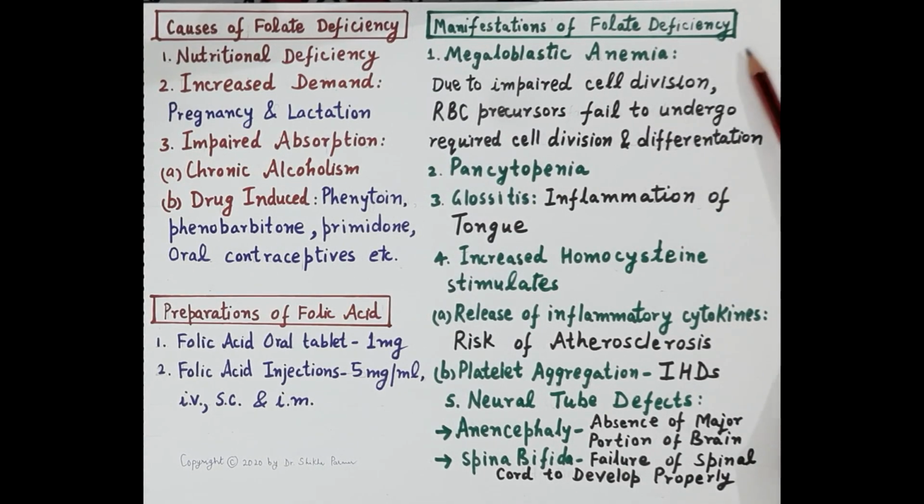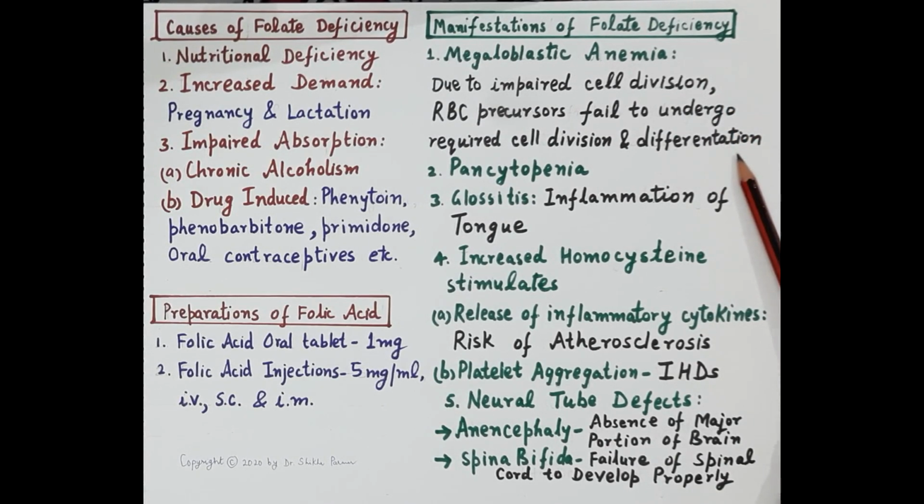Now, manifestations of folate deficiency. The first manifestation is megaloblastic anemia. Folic acid is required for cell division and cell differentiation of RBC precursors. Due to the deficiency of folic acid and impaired cell division, RBC precursors fail to undergo the required cell division and differentiation, and therefore immature RBCs are produced.